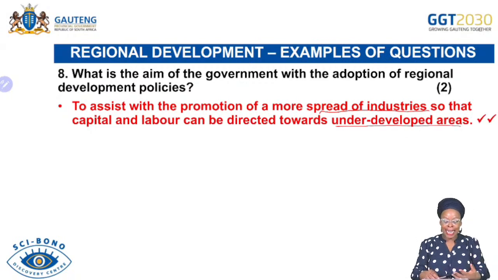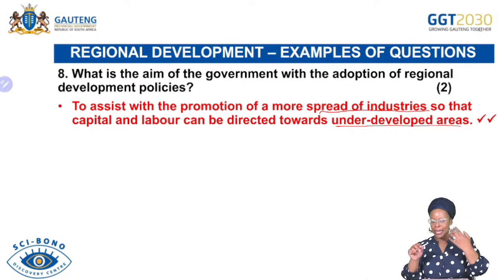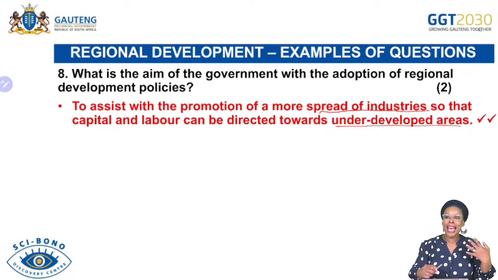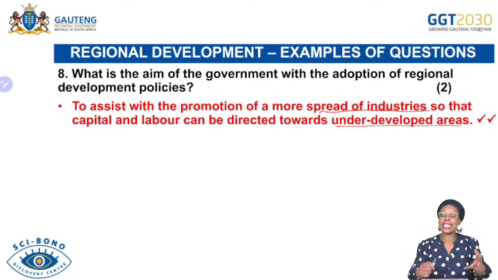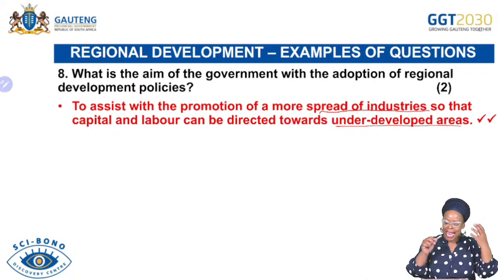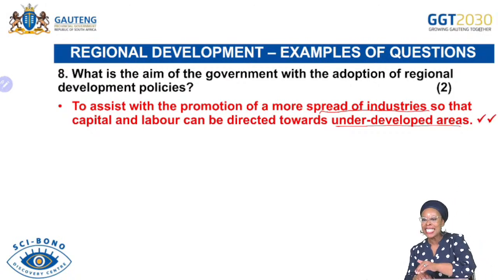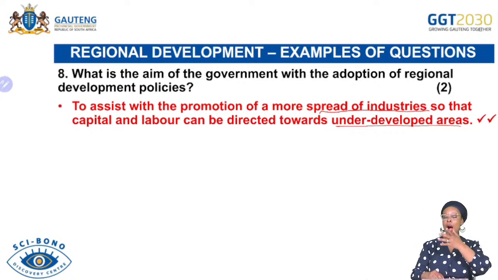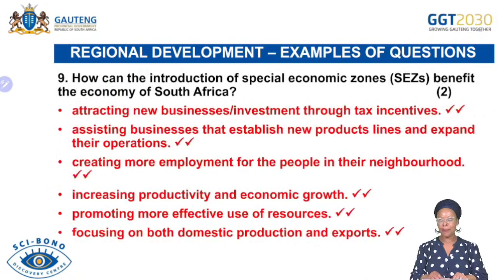Or you can write that the aim is to establish more industries even in the underdeveloped areas, or to prevent concentration and centralization of industries in one area. It's still fine. Can you see that this is a full sentence? This is how you are required to answer.